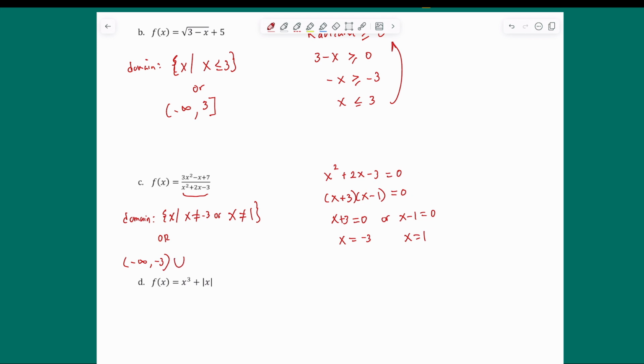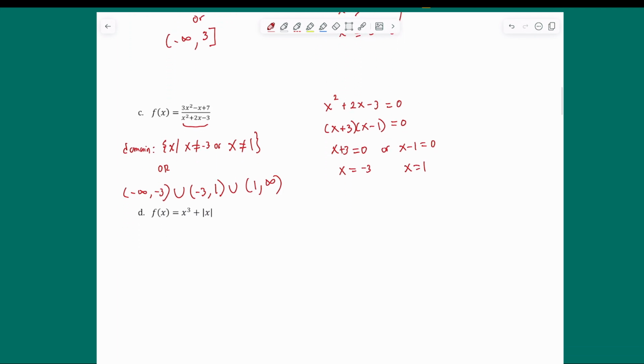Then use our union symbol, open parenthesis, negative 3 to positive 1, closing parenthesis, another union symbol, 1 to positive infinity. So it's a union of intervals. Every value in those intervals, or in that set, is part of the domain.